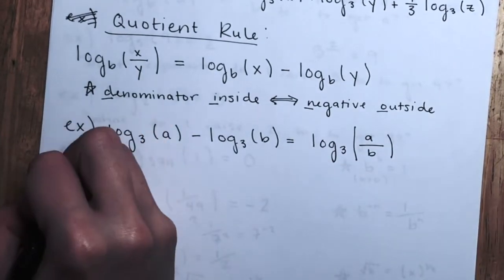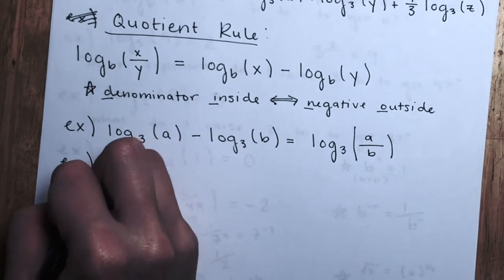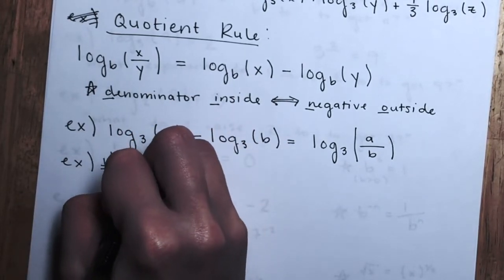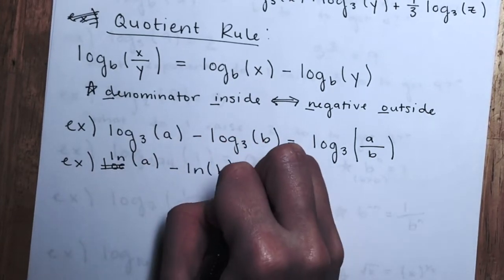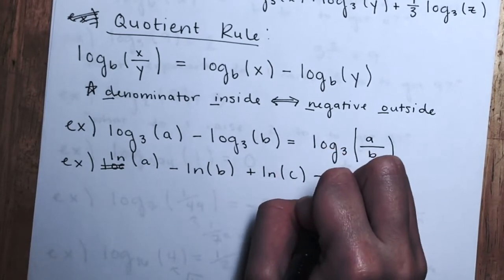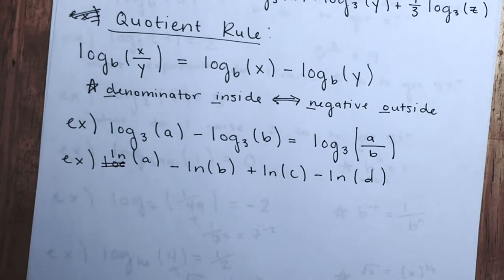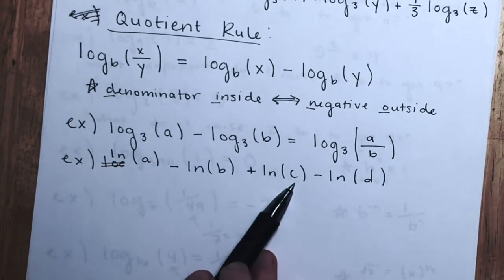What if I've got ln of a minus ln of b plus ln of c minus ln of d? So this one is kind of tricky, right? We're subtracting. Does that mean that we divide by b times c?